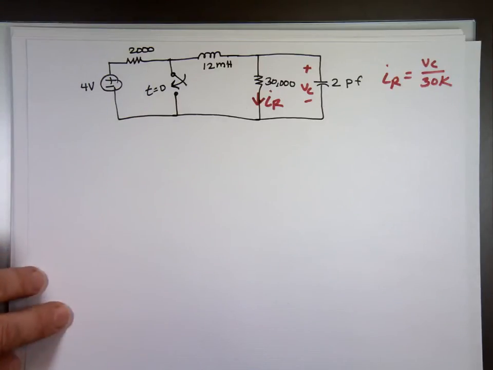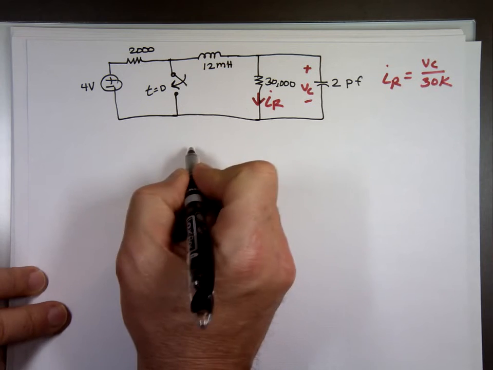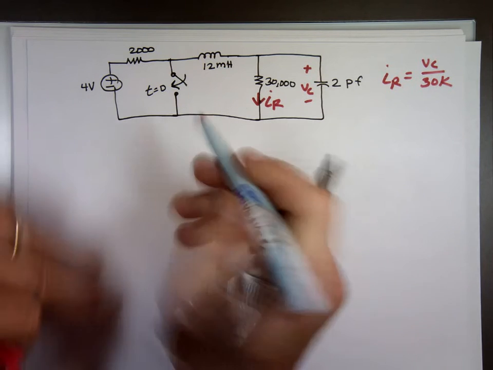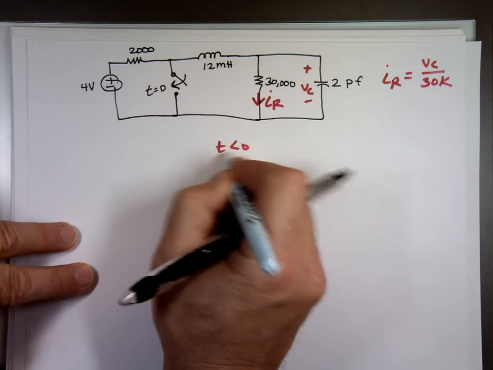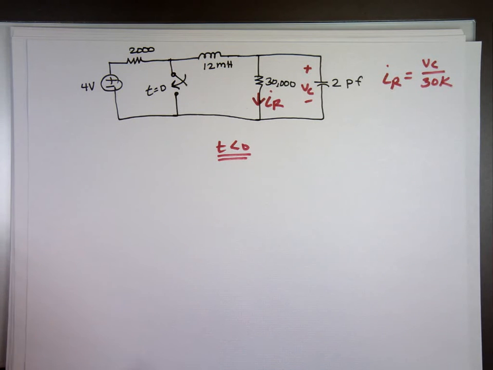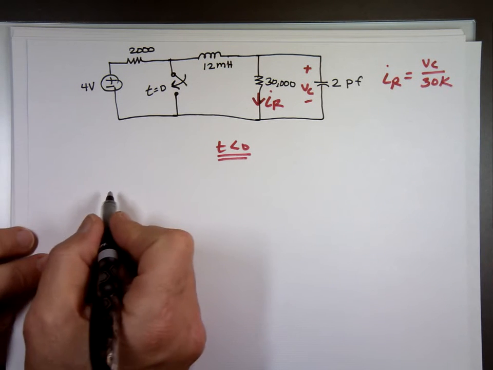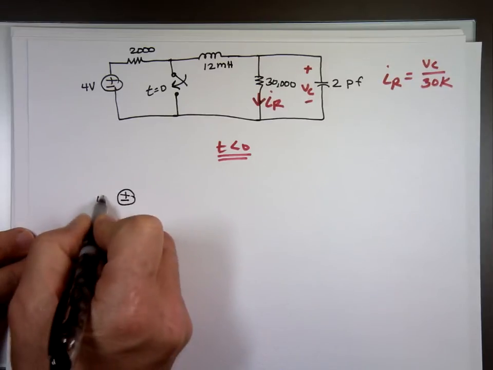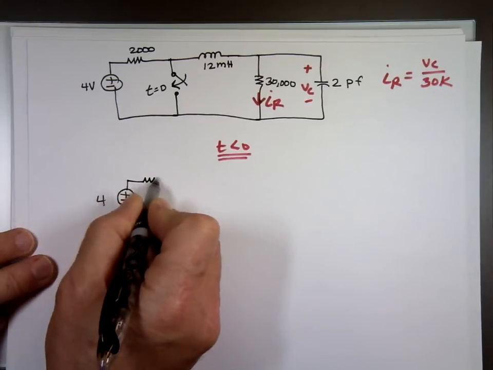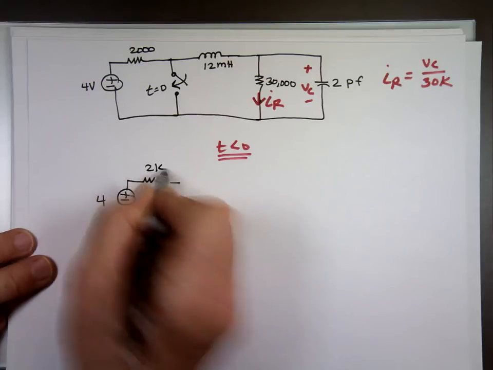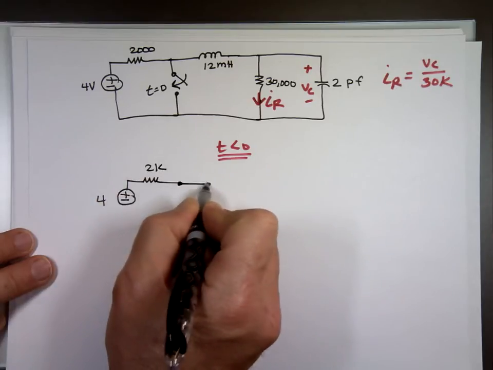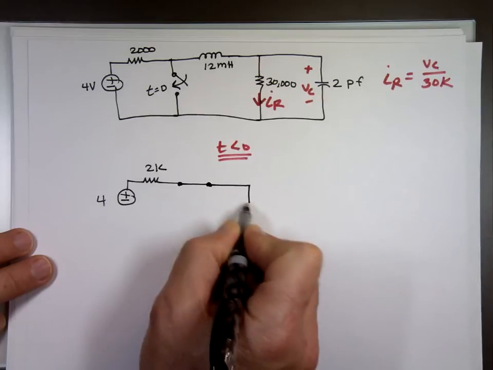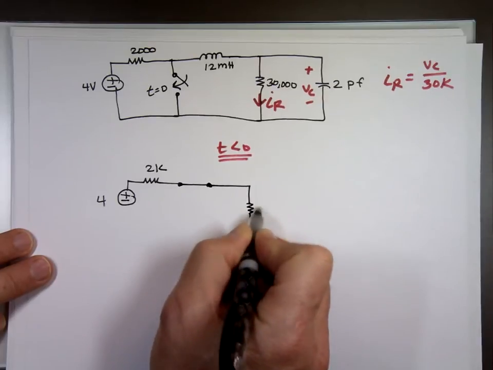So let me look at the circuit for t less than 0. The switch was open, doesn't close till t equals 0. So I can look at it, it will look like this. 4, 2K. The inductor is going to behave as a short circuit. 30K.